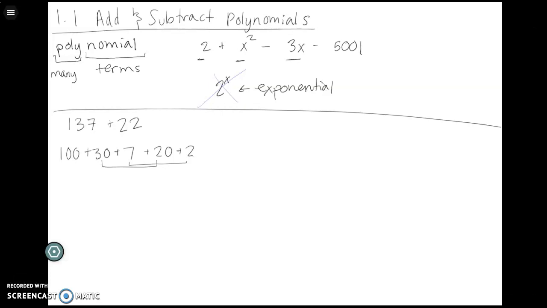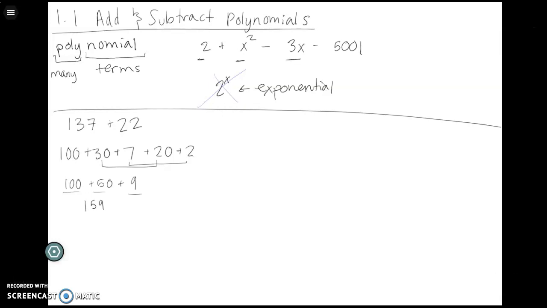So we could add these terms that are similar to each other. The 30 plus the 20 would give me plus 50, and the 7 plus the 2 would give me plus 9. So I have this string of terms that are added together by combining things that were similar to each other in the previous step. And we could go one step further and simplify this to 159.